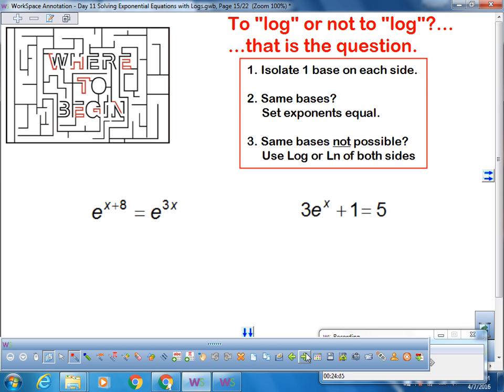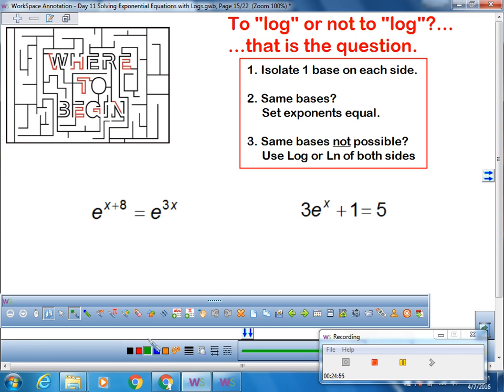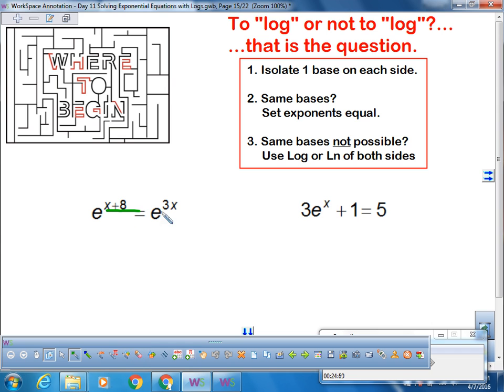Alright. Let's see. What about this one? Log or not to log? We have a common base. Why would you log when you've got a common base?